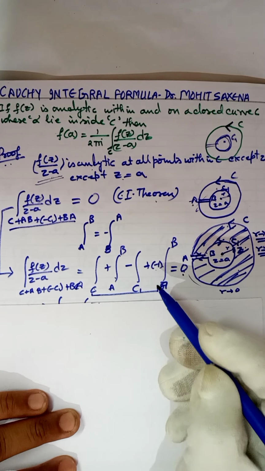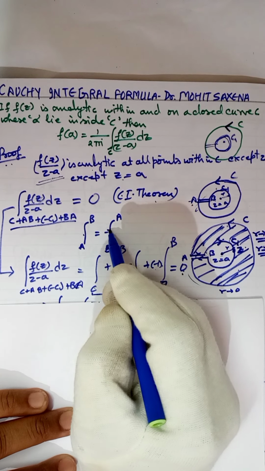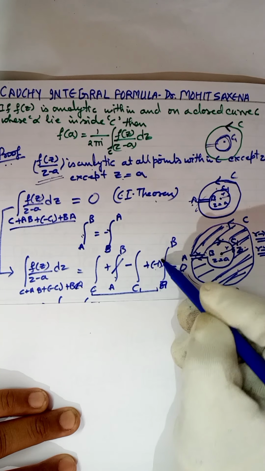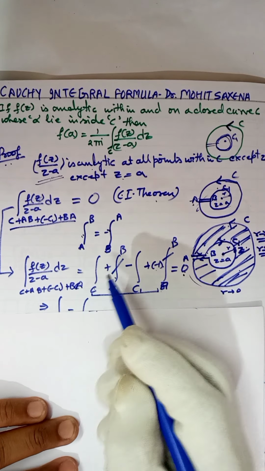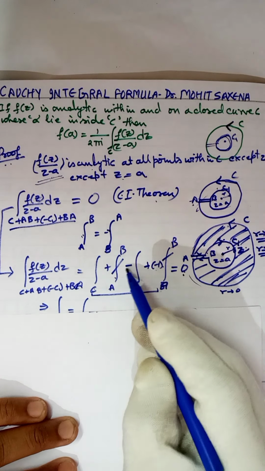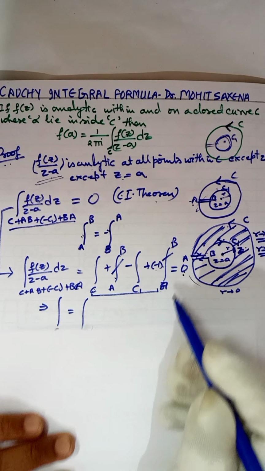The integrals over A to B and B to A are of the same value with opposite signs, so they eliminate each other. And what would we finally get? We would get the integral over C minus the integral over C1 is equal to 0.